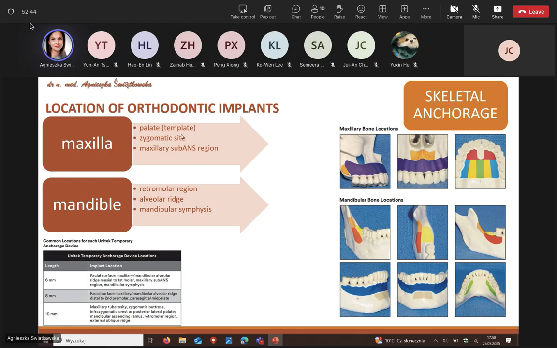I told you that we use a template when we are planning to insert the implant somewhere here in the mandibular retromolar region. In this region, we use a 10 millimeter micro screw. In different sizes, usually 6 to 8 millimeter micro screws can be used. That is the length of the threaded part.